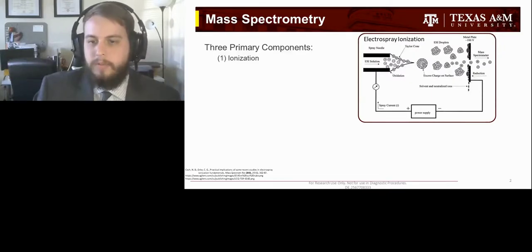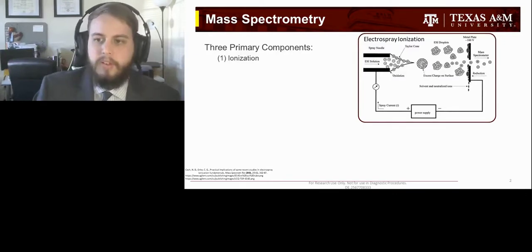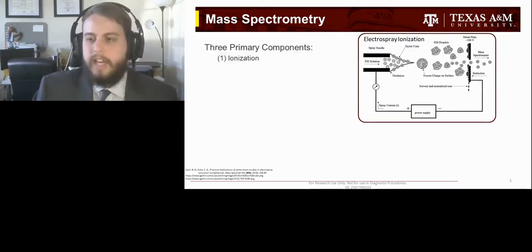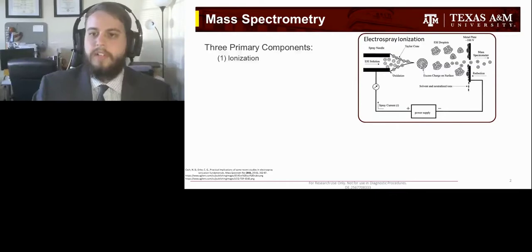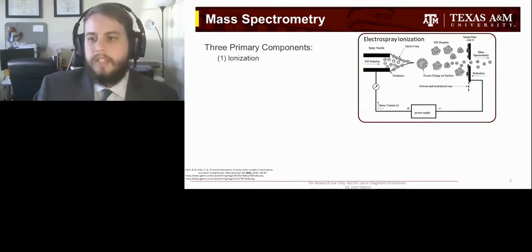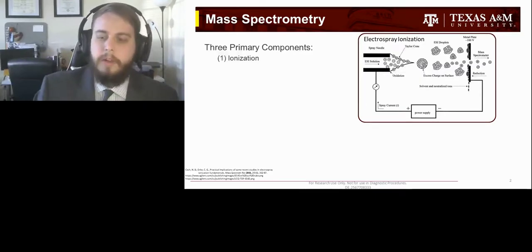and it's going to form a Taylor cone towards our inlet to our mass spectrometer under vacuum, which is generally held at a negative potential. And this tends to work very well for positive ion mode as we form droplets. Those droplets undergo Coulombic explosions to form smaller droplets and eventually solvent-free gas phase ions that will enter into the mass spectrometer.